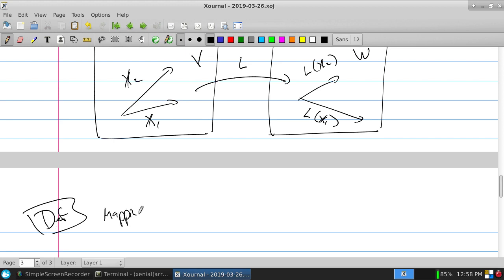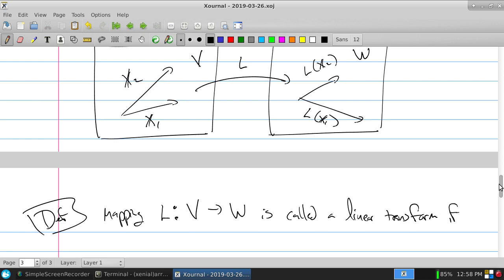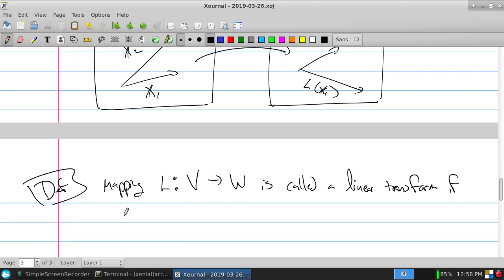So we finally get to the following definition. This mapping L, which takes objects in V to objects in W, is going to be called a linear transform if the following holds. You take alpha x1 plus beta x2.